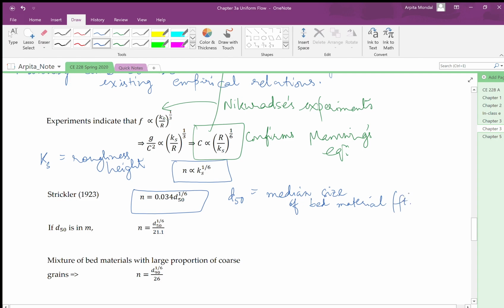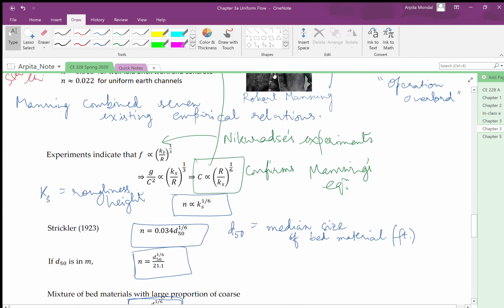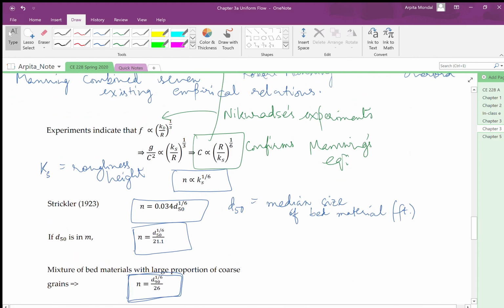This is in feet. When we use D50 in meters, in SI units, then this relationship is a little modified. And when you have a mixture of bed materials, as what happens in reality, this empirical relationship takes this form. Now remember here that in Manning's equation, this constant 1 is for SI units. It would be 1.49 if you are using the FPS system, which is popular in the US. In the next class, we are going to discuss a little more about this Manning's roughness factor n. See you.